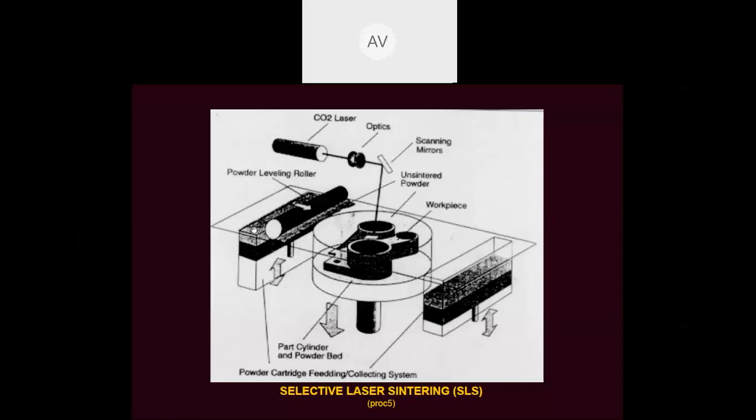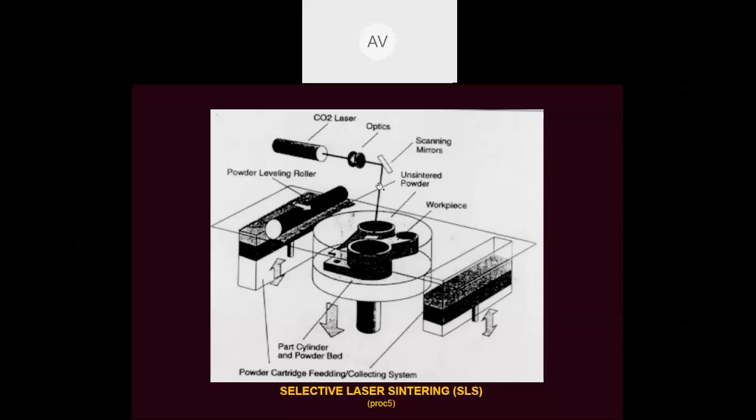As this part goes down, the powder material will be spread on this, and through this roller the extra powder will be swept out to this part. It will collect the remaining powder material. Here the part cylinder and powder bed will go downwards, and the extra powder will be pushed to this feeding or collecting system.